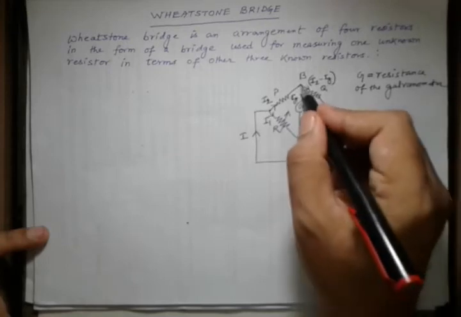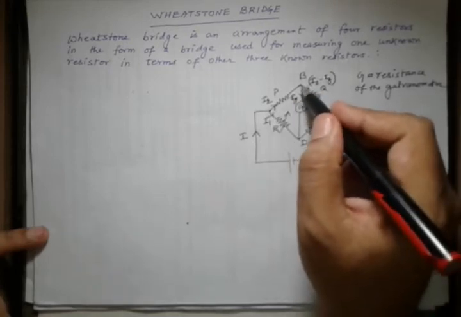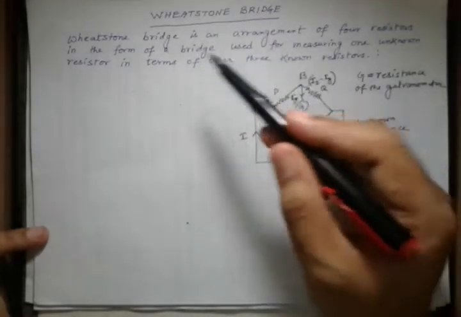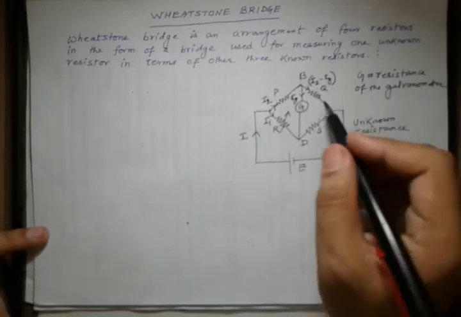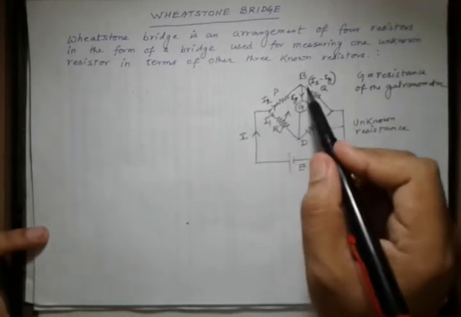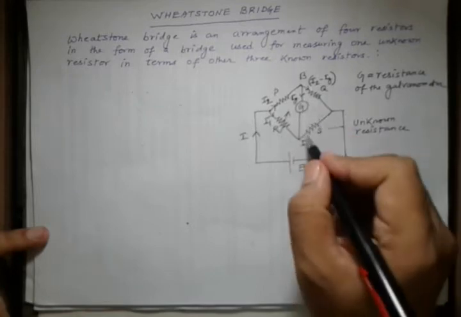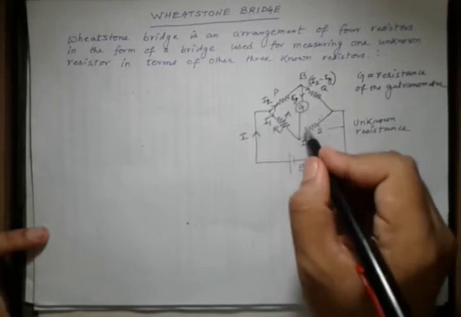Remember, at this junction the current entering and the current leaving will be equal according to Kirchhoff's current law. Now in this case, I1 will come here and Ig will come here, so they will combine together and become I1 plus Ig.